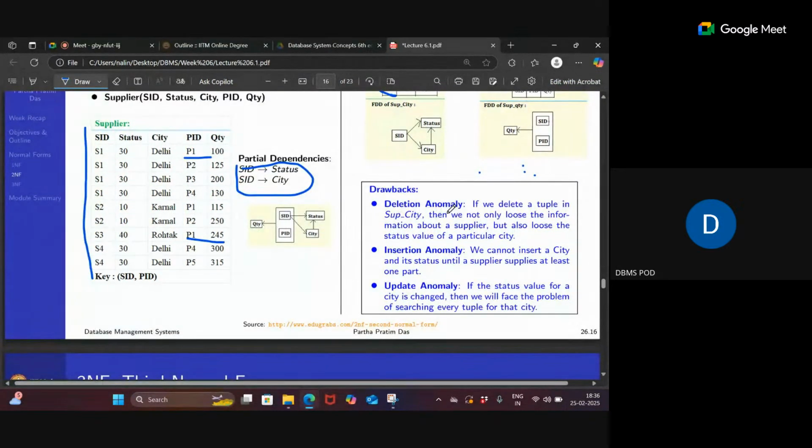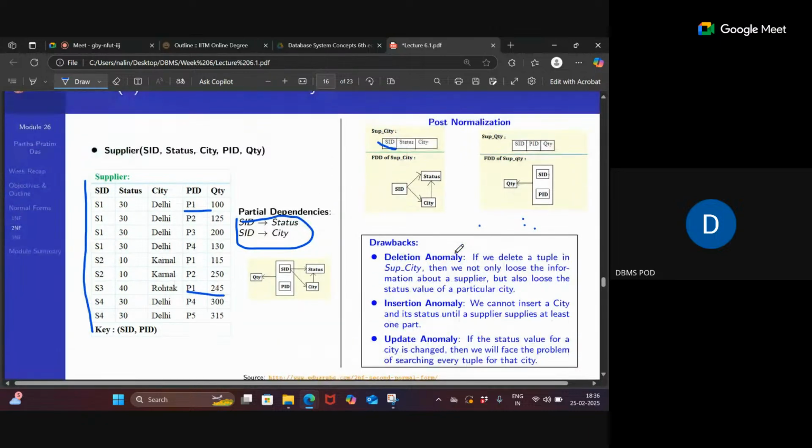But what are the drawbacks? It also has drawbacks. Deletion anomaly, insertion anomaly, and update anomaly are there. If we delete a tuple from the supplier city table, we will lose the information about the supplier, but also lose the status value of that particular city. In the decomposed table we will have S1, 30, Delhi, only one record.